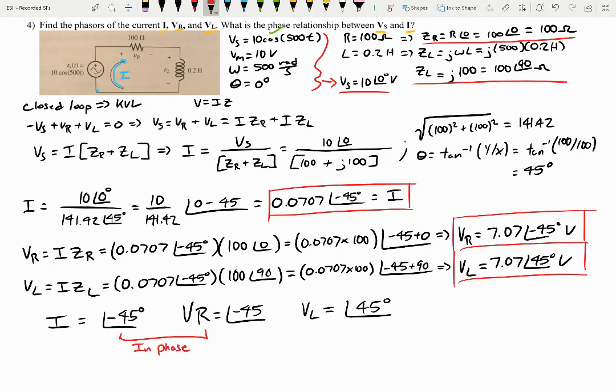Notice how the same angles for both the current and the voltage. Okay, that's why we mean in phase. So if you're solving for those two values, those angles better be the same. Otherwise, you've made a mistake somewhere.